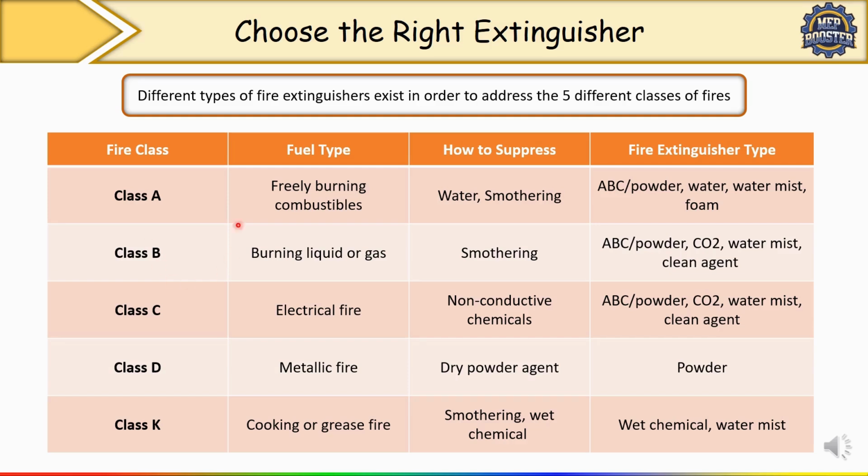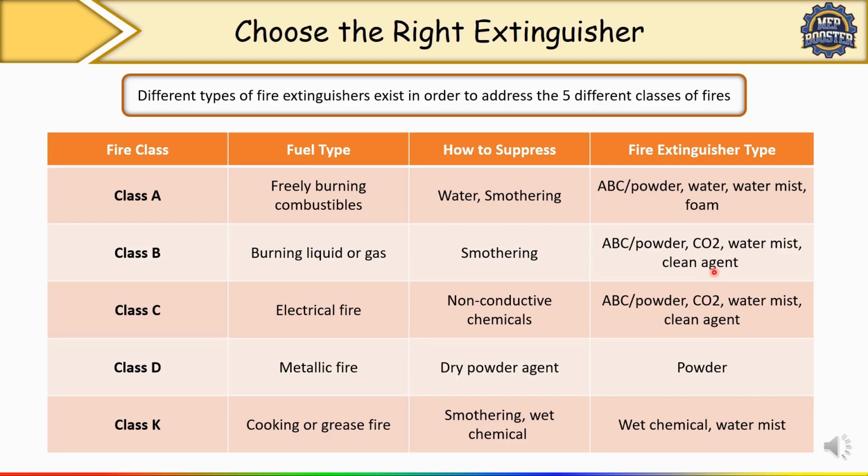In the same way, next, if you have a class B fire, you know that class B fires are fueled by flammable liquids. To extinguish a class B fire, you need to use ABC or powder, even CO2, water mist, or clean agent extinguishers.